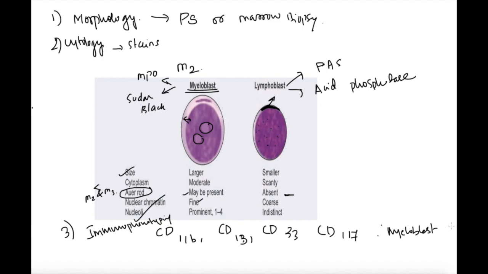And there's one more that I mentioned, the megakaryocytic type, that is the M7 type of AML. M7 will have CD41 and CD61. Just remember these two: CD41, CD61.